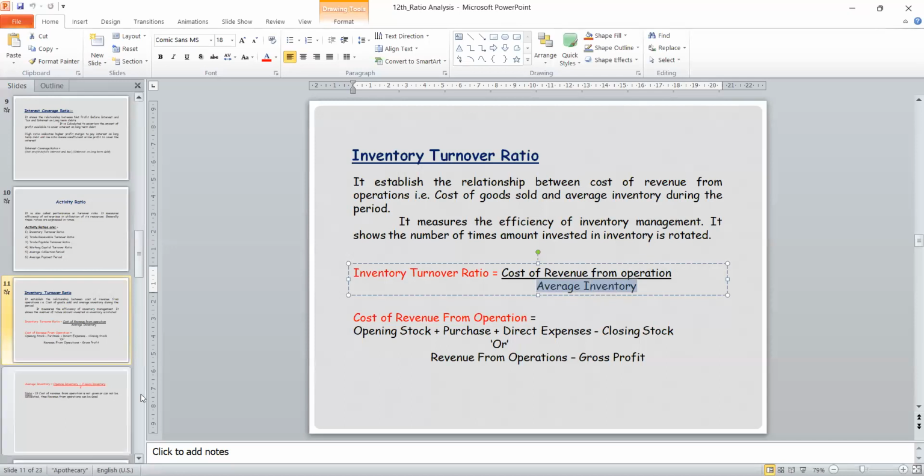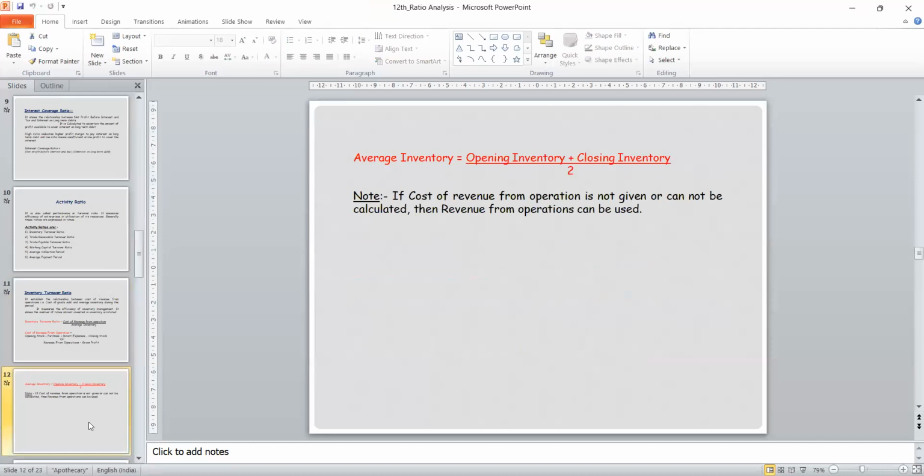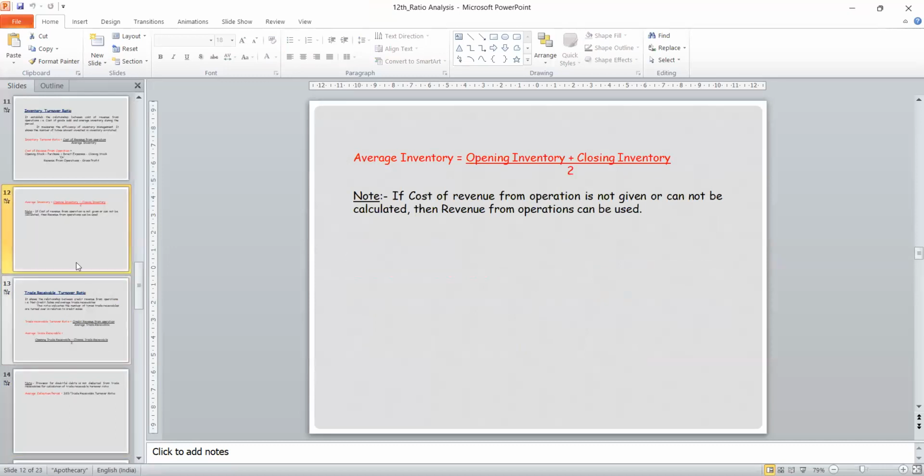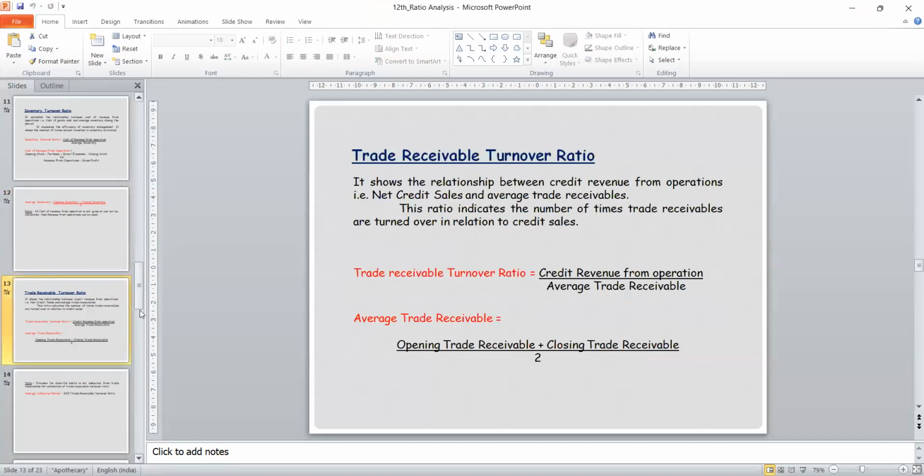Okay, sir. Okay, so this is the first case, inventory turnover ratio. After that, trade receivable turnover ratio. Now, the trade receivable turnover ratio shows how much credit sale we have done during the year, and in that sale, how much amount is still not recovered from the debtors.